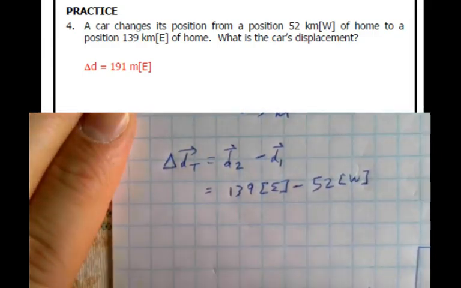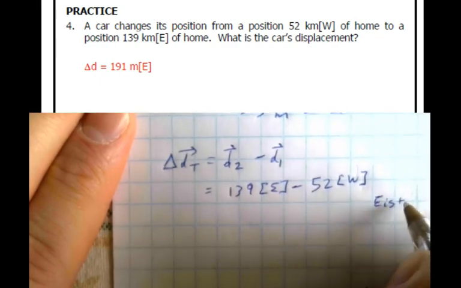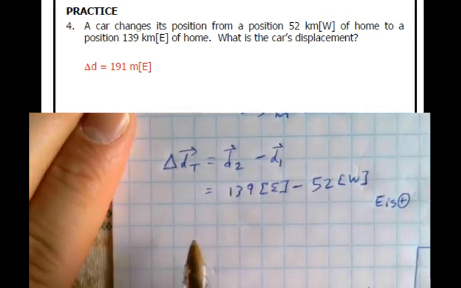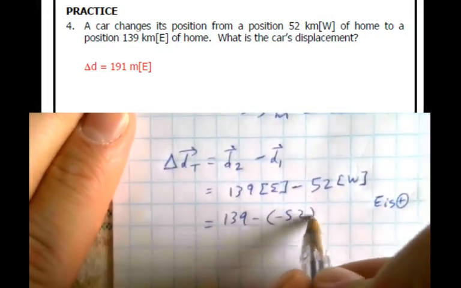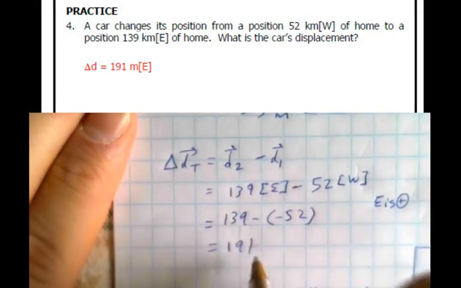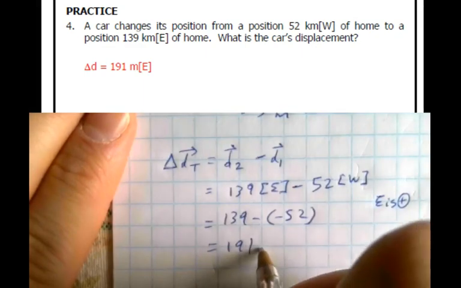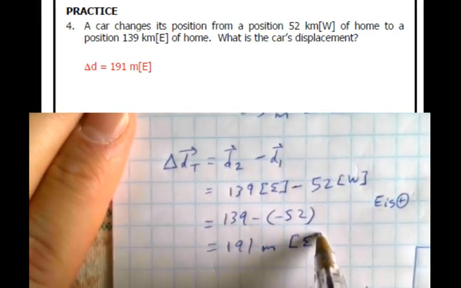And in this case, let's say east is positive, because I start with an east here. This then becomes 139 minus negative 52. And when we subtract a negative, it's the same as adding. So we end up with 191 meters. And because this 191 is positive, it's to the east.